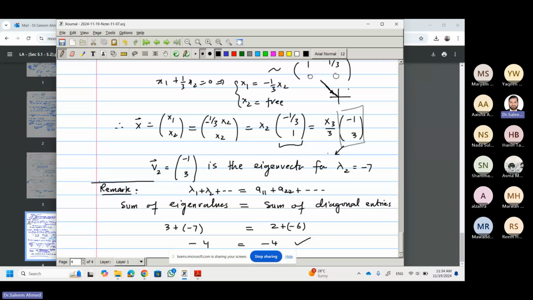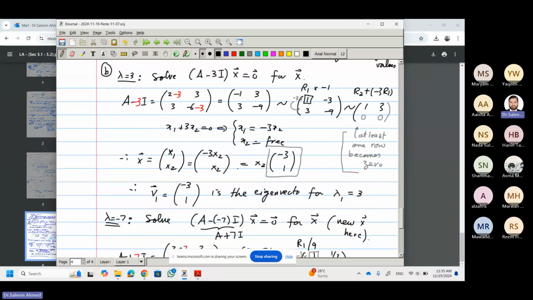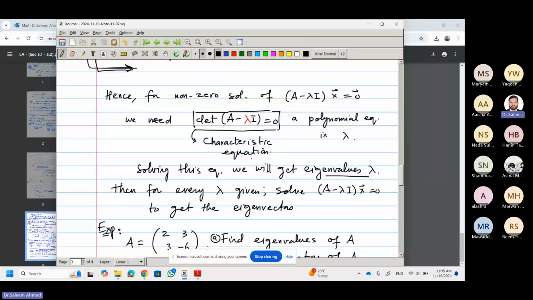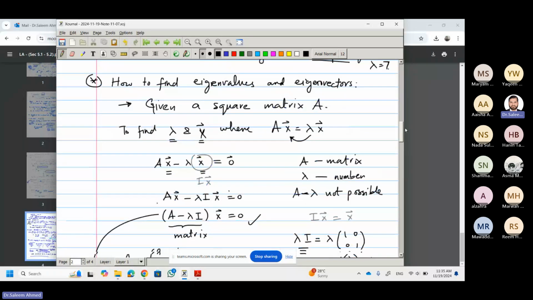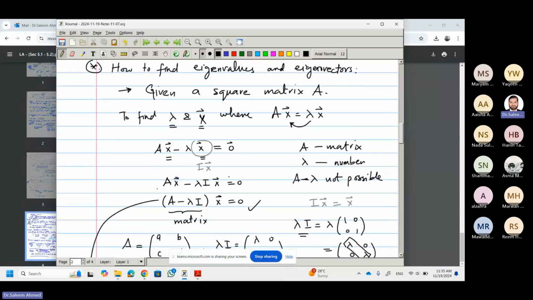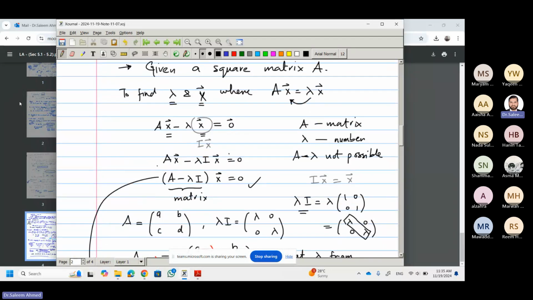All right, so I think that's pretty much it. I will continue with the same discussion next time. So the only new thing I did today is how to find both eigenvalues and eigenvectors, right? So this is what I did today. Of course, you will not do all these things first; I explained this to you.